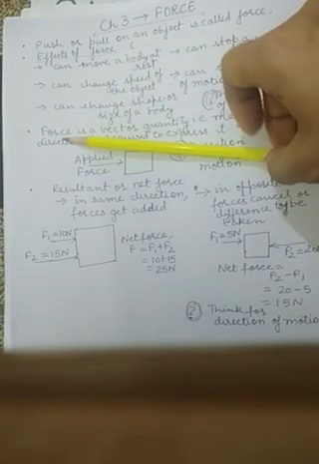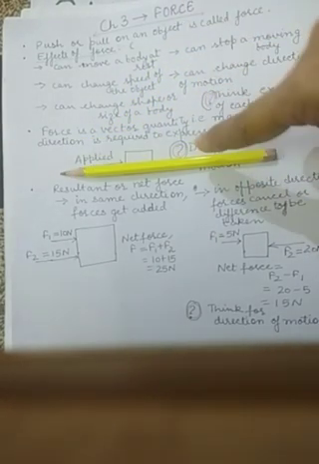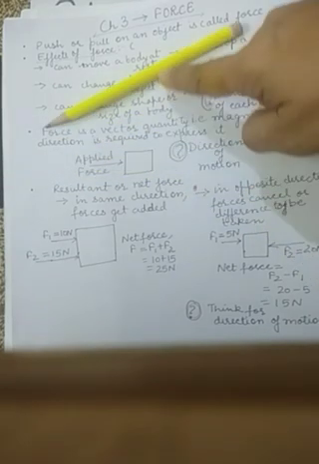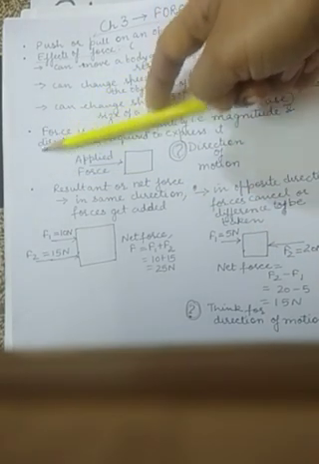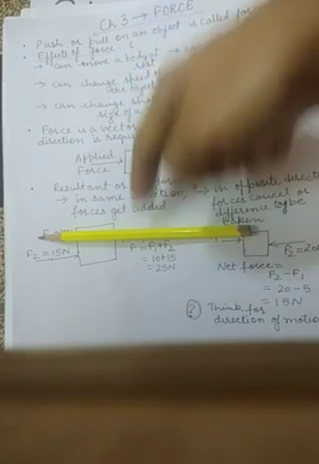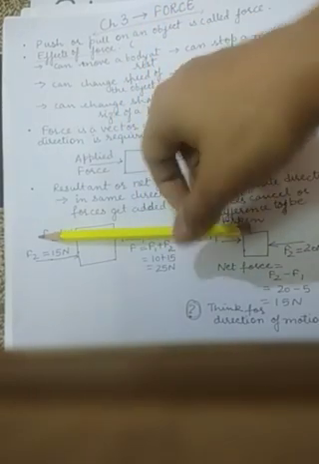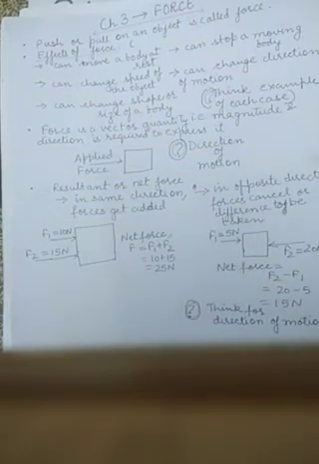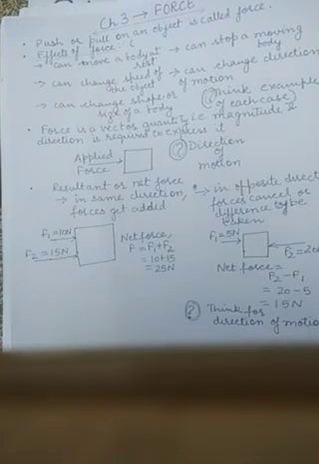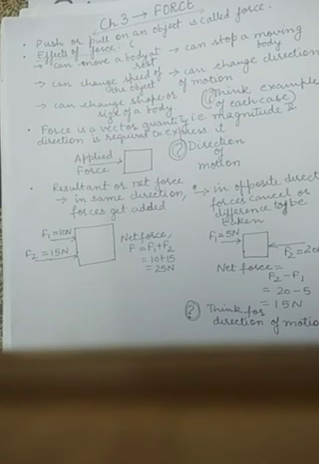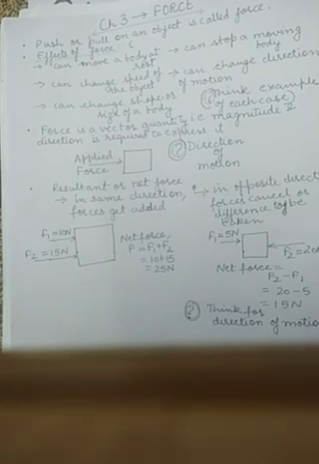Like here I have a pencil. Yes, now this pencil was moving in this direction, but when I applied the force in this direction, the direction of motion of this pencil changes. When you are cycling, when you rotate your handle left or right, accordingly the direction of the cycle changes. So when we apply the force, we see the direction of the object changes due to the force.